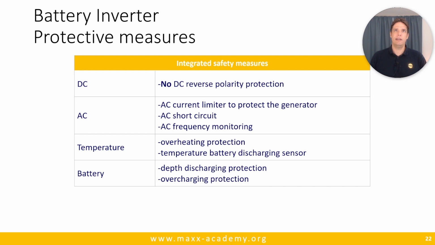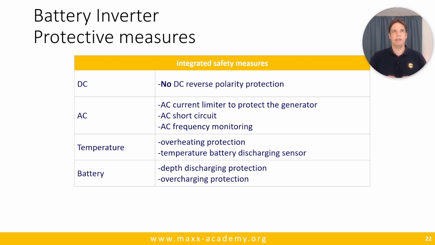On the AC side, it's got an AC current limiter to protect the generator or the inverter itself. That means if the load pulls more power than what the inverter is designed for, it will start derating or shutting down.